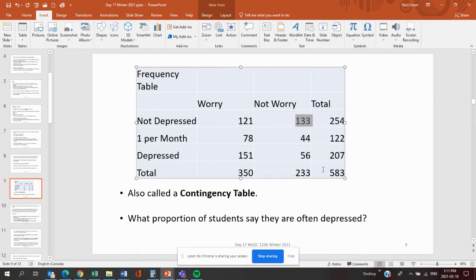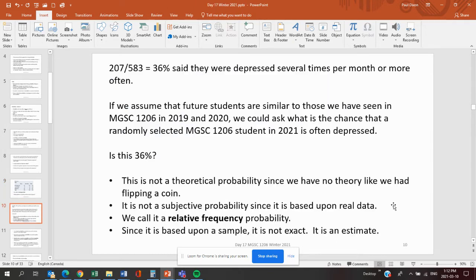Well, I've got 583 students, and I've got 207 that say they're often depressed. So 207 out of 583 might be my proportion. And I get 36%. I like to think in terms of the fraction because the fraction I can picture: 583 students and 207 of them expressing depression. 36% is a little more abstract to me.